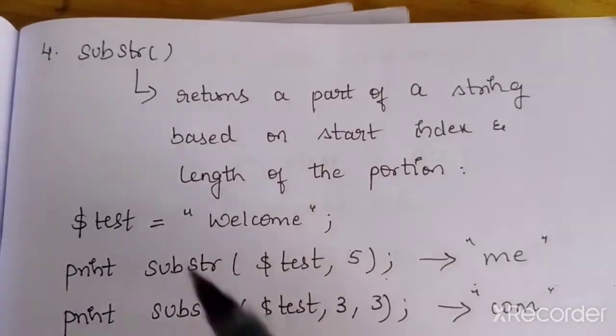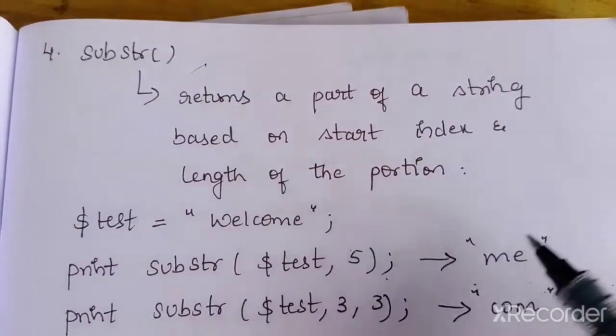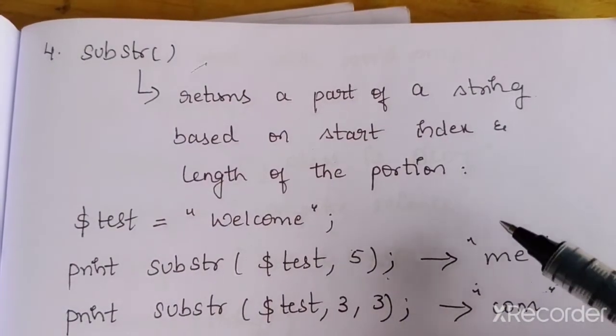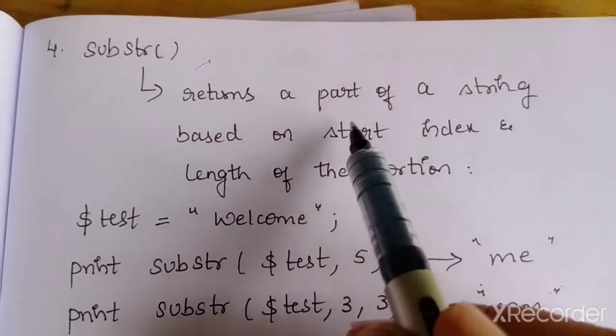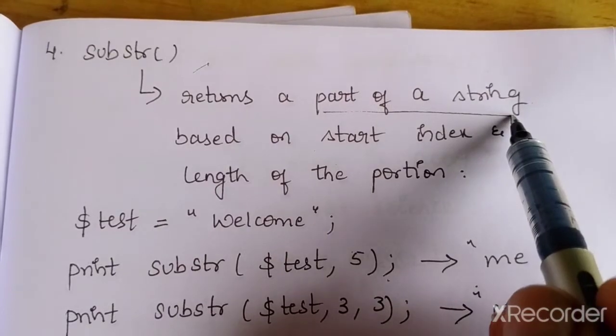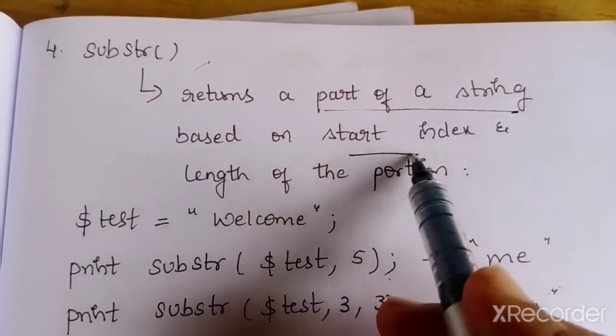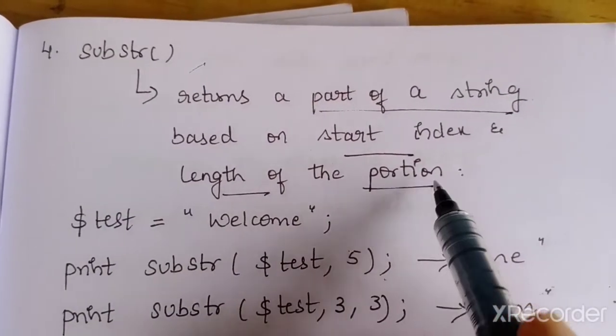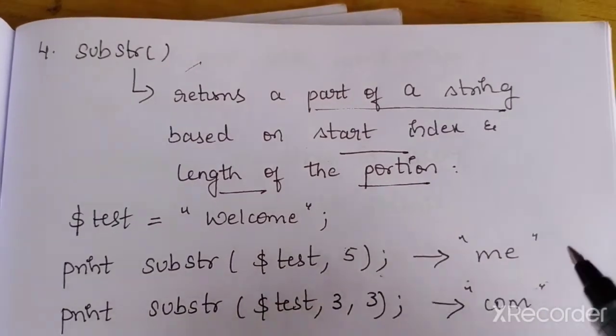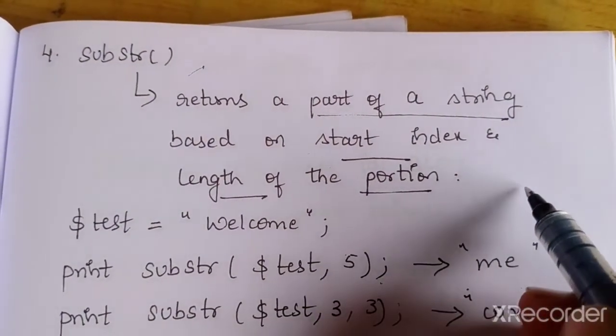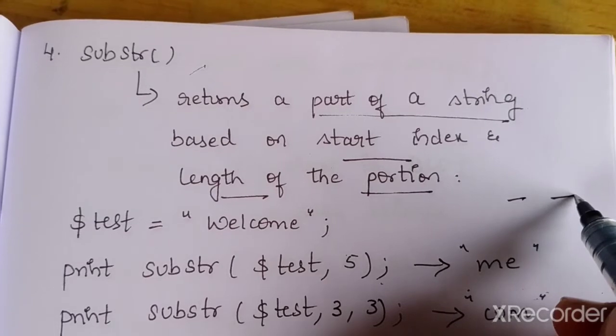Then the next function is substr. This is used to return a part of a string based on the start index and length of the portion. That means it is used to print the substring from where to where.